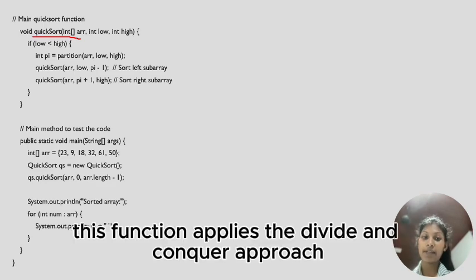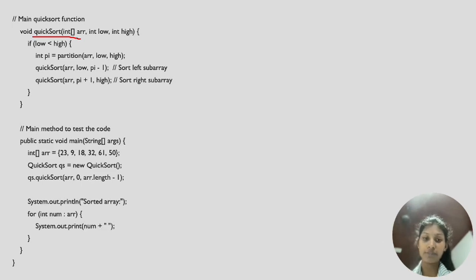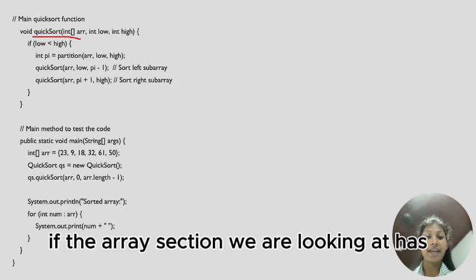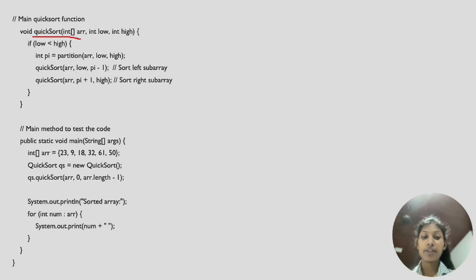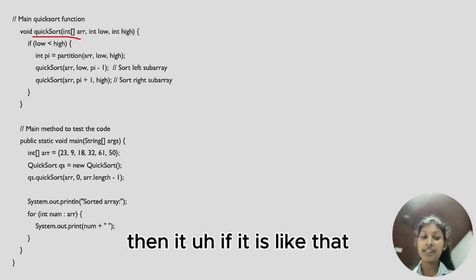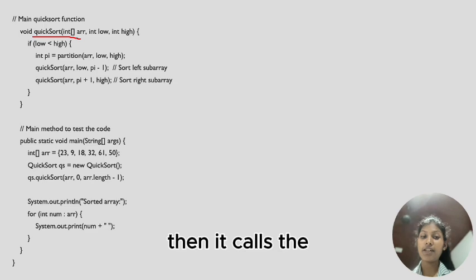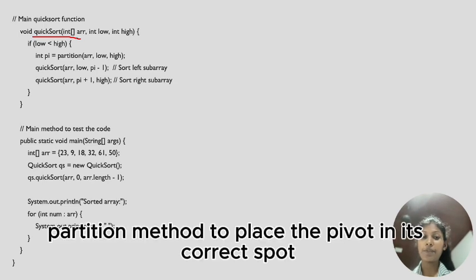This function applies the divide and conquer approach. It first checks if the array section we are looking at has more than one element. Then if it is, it calls the partition method to place the pivot in its correct spot.